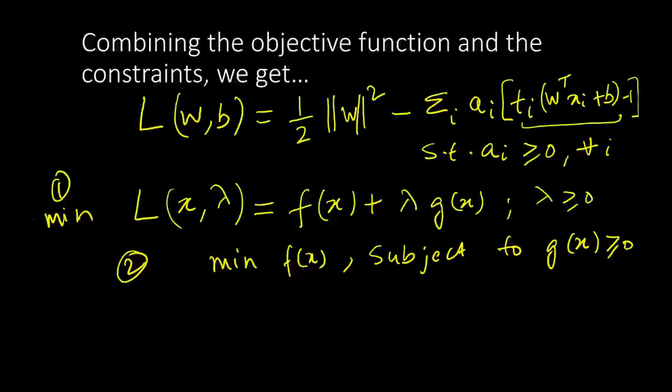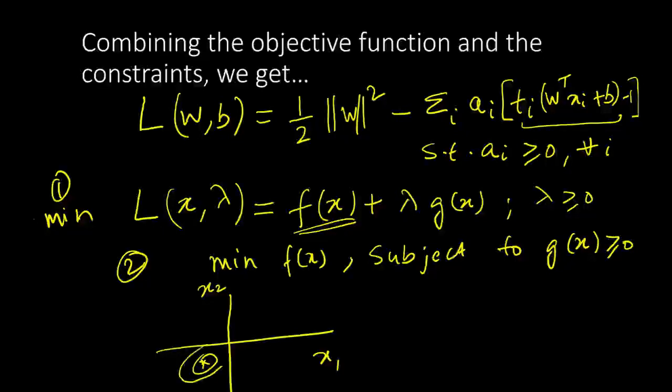Why are they equivalent? That basically goes back to the Lagrange multipliers. So let's say we have an x space, this is x1, this is x2. If we look at f of x and plot its contours, the contours of equal value, let's assume they look like this.